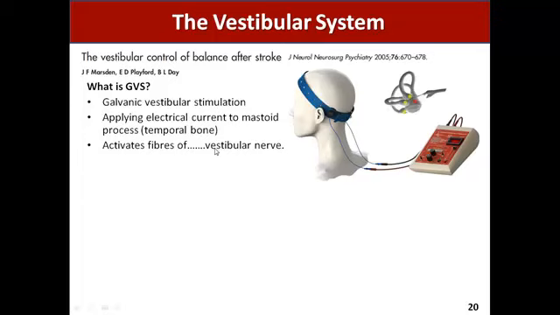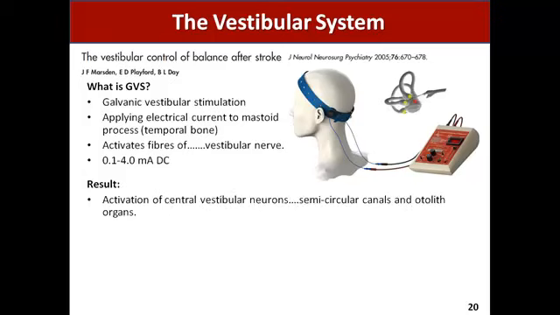And so this will activate fibers of the vestibular nerve, and typically it's a direct current that is often applied. An alternating current can also be used in terms of galvanic vestibular stimulation. But nevertheless, the result here is the activation of central vestibular neurons, simulating semicircular canal and otolith organ activation.